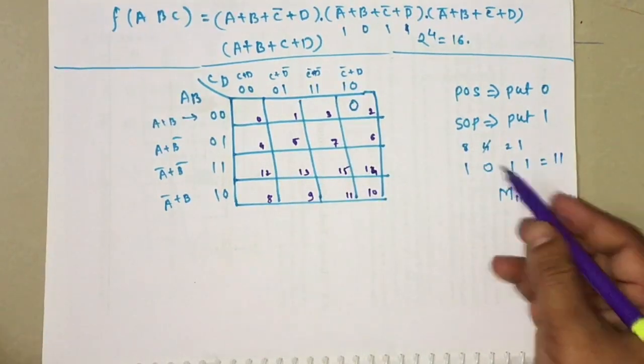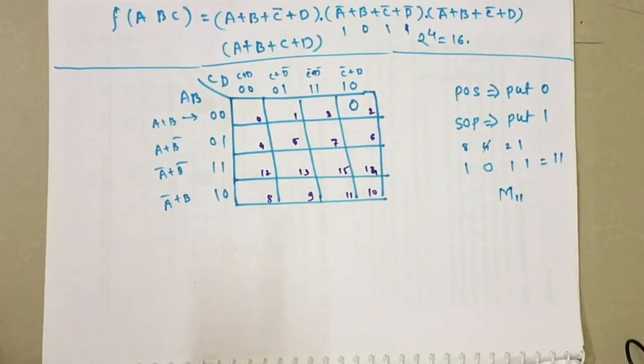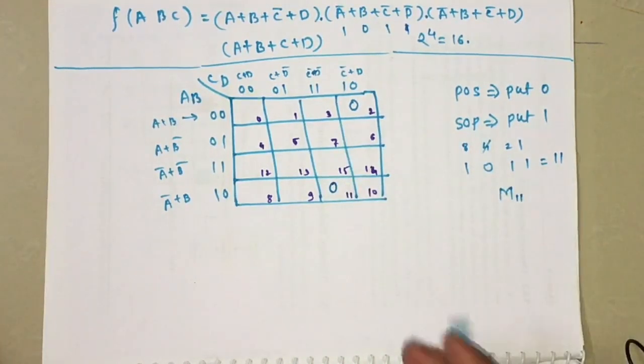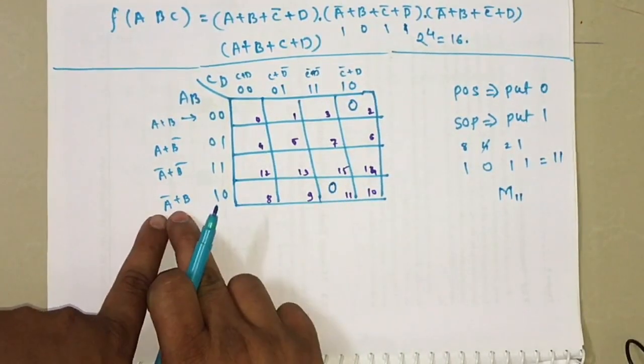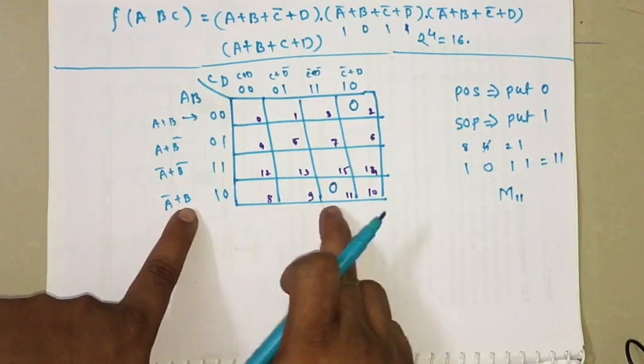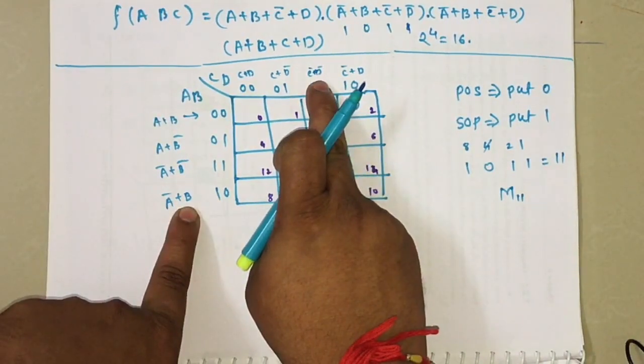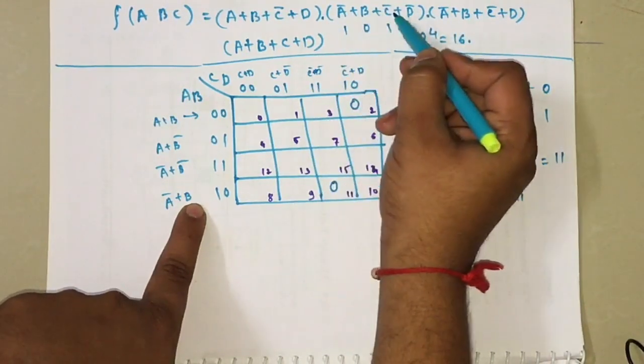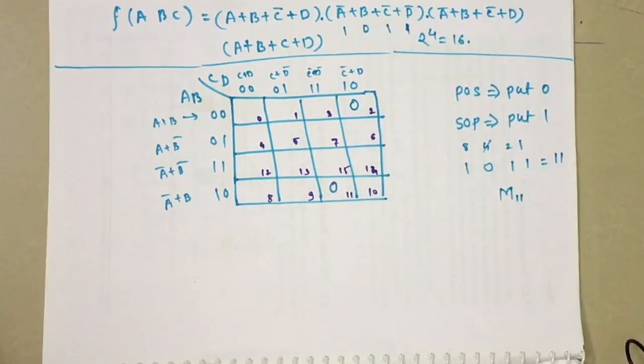So M11, where is M11? For this location we need to put 0. So if we check the row value, that is A bar plus B, and the column value is C bar plus D. So A bar plus B, C bar plus D. So that is again correct.